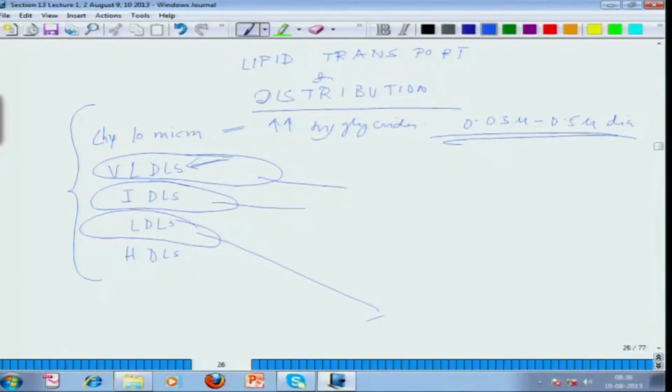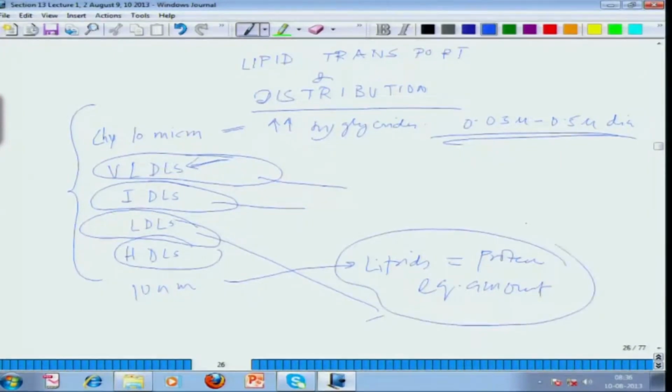High density lipoproteins are about 10 nanometers in diameter, and they have roughly equal amounts of lipids and proteins.